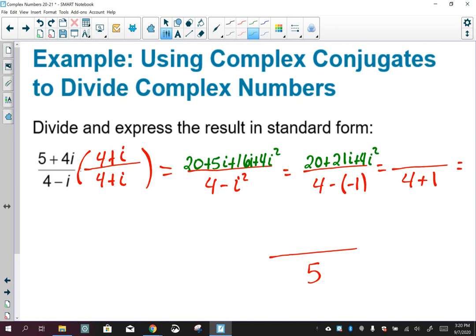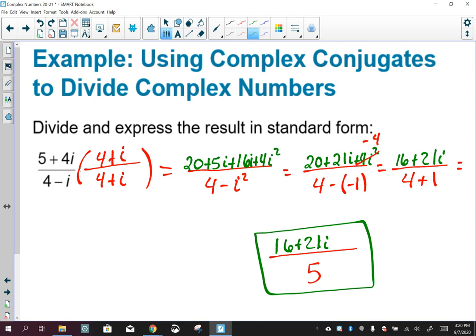Remember that the I squared becomes a negative 1. So really what we're looking at here is not a plus 4I squared. We're looking at a negative 4. So on top, we wind up with 16 plus 21I. And so when we finally clean everything up, we wind up with 16 plus 21I over 5 as our final answer.